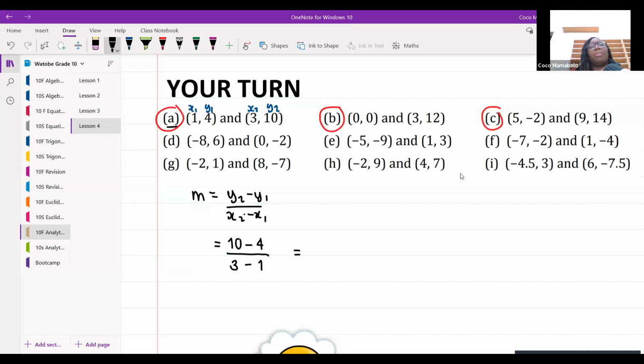And then we just need to clean it up. What is 10 minus 4? 6. Good. 6 over 3 minus 1 is? 2. So what is 6 over 2? 3. Good. So the gradient, the m that we're looking for, is equal to 3.